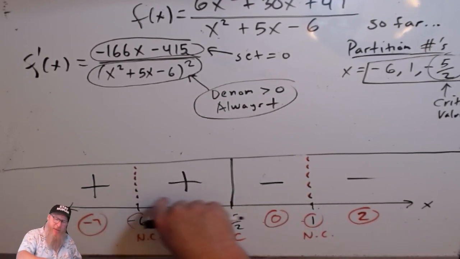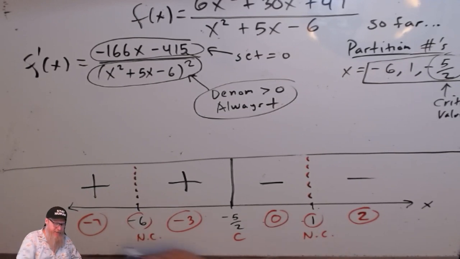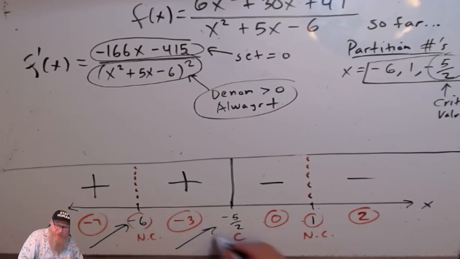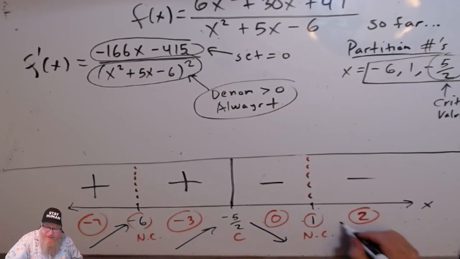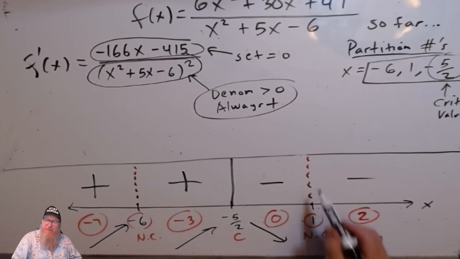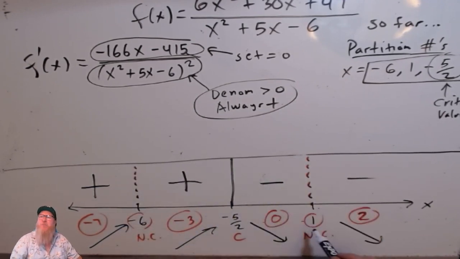So this one's plus, plus, minus, minus. So this is increasing, increasing, decreasing, decreasing. These guys are not critical. That's why I put the dotted lines. But this one is critical, and so that's going to be a max at that value.